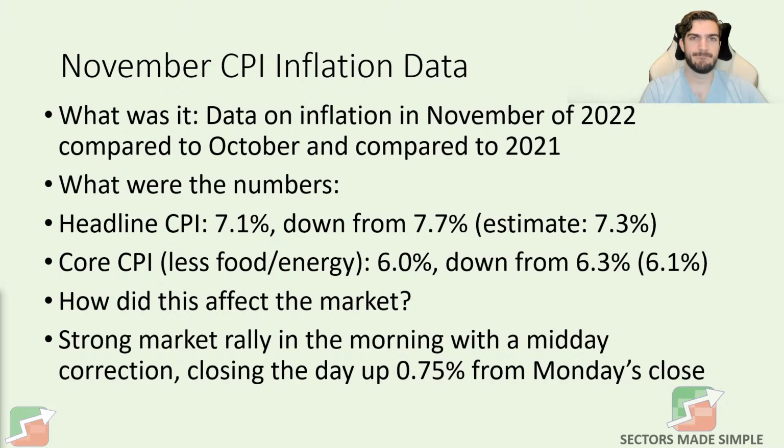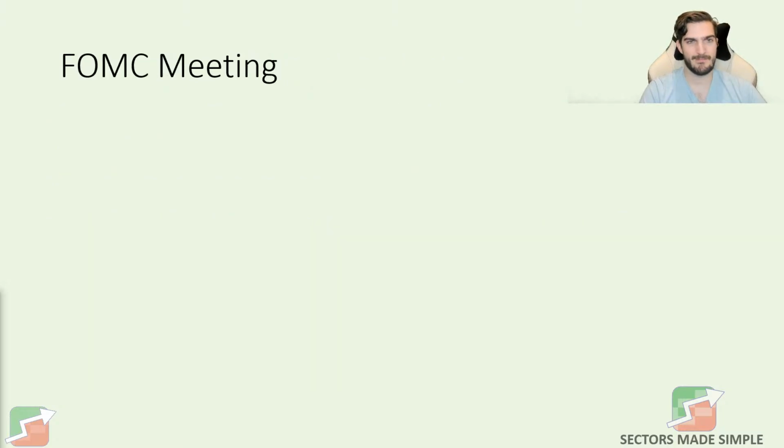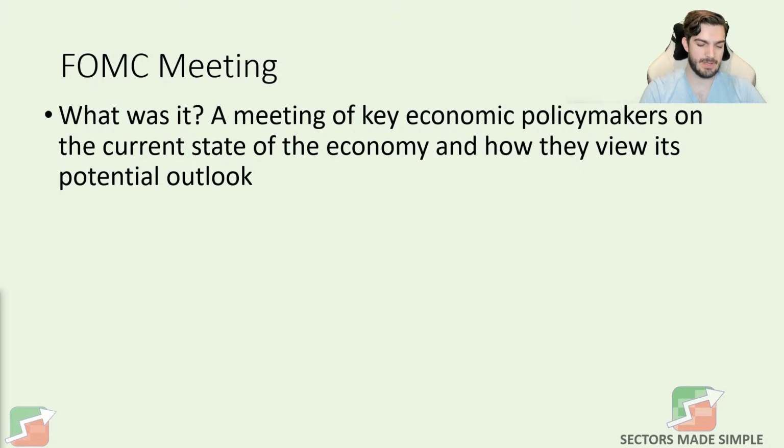Now, we talked about the really good news for economic data. Let's go into the so-so news. The FOMC meeting. This meeting is the Federal Open Market Committee, a group of economic policymakers who are members of the various Federal Reserve branches around the United States, getting together and talking about the current state of the U.S. economy.